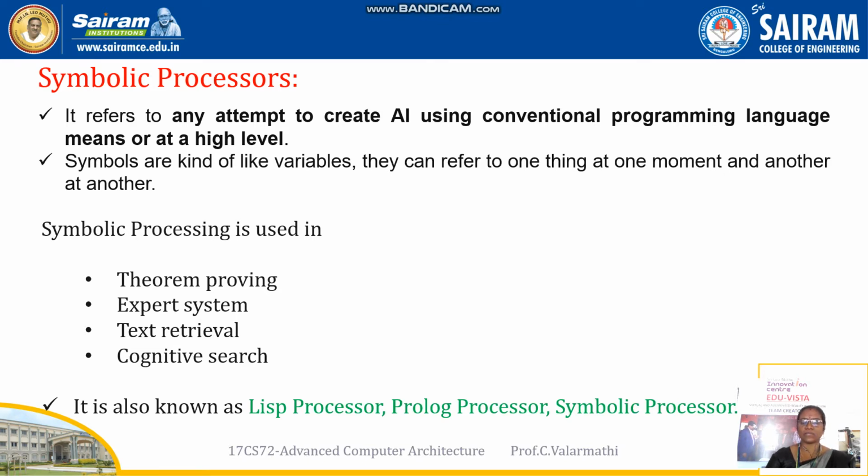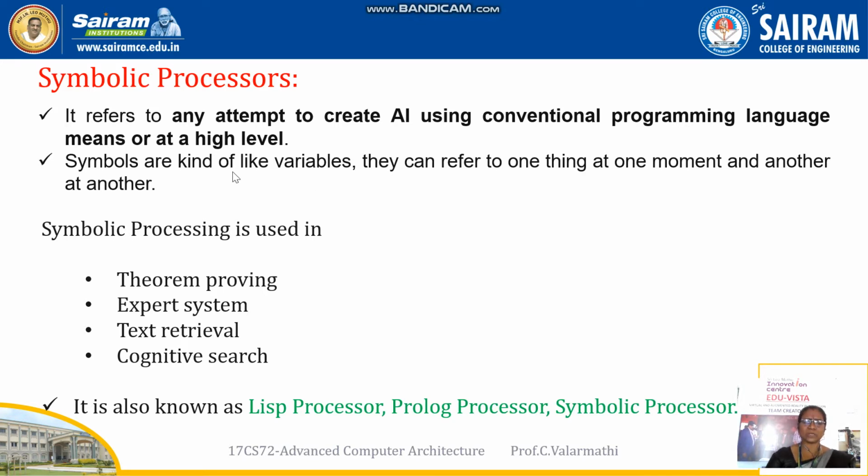Here, symbols are very important. What is meant by a symbol? Symbols are nothing but a kind of variable. It refers to one thing at one moment and another at another moment. It will vary; symbols vary.